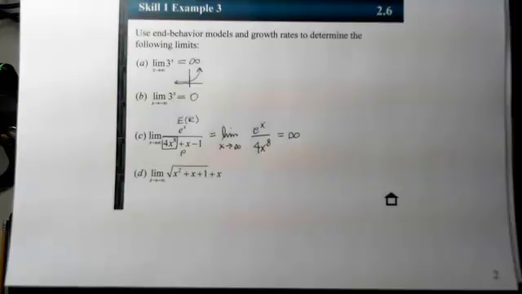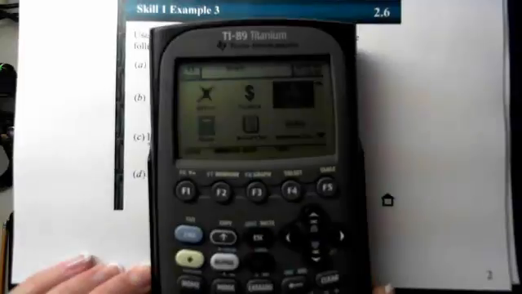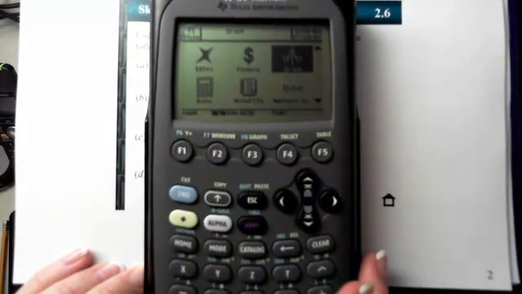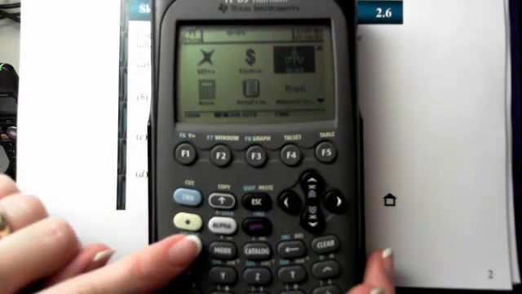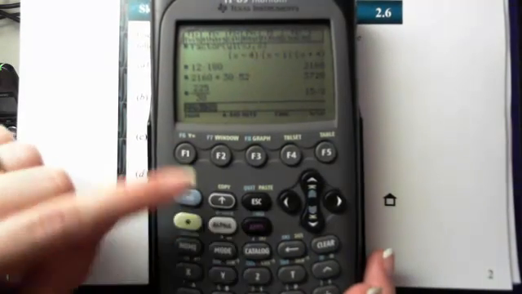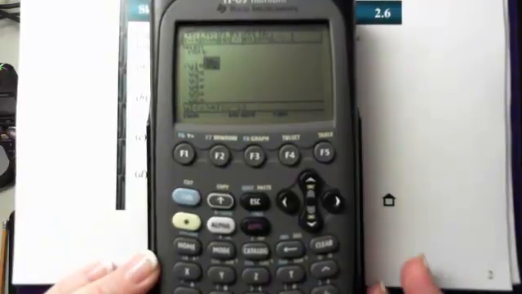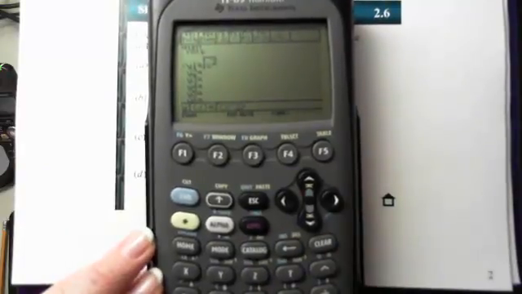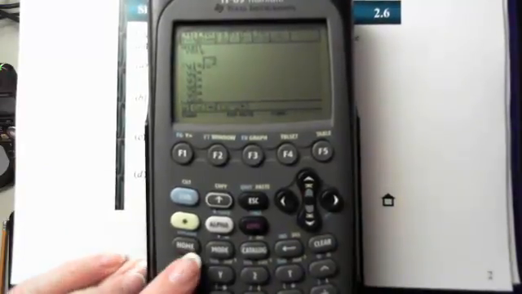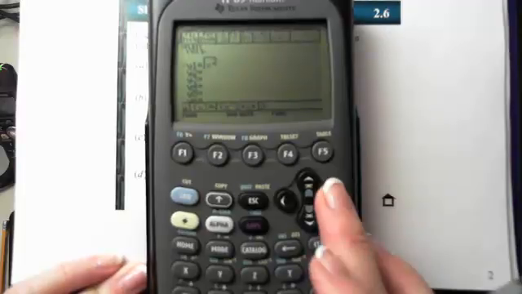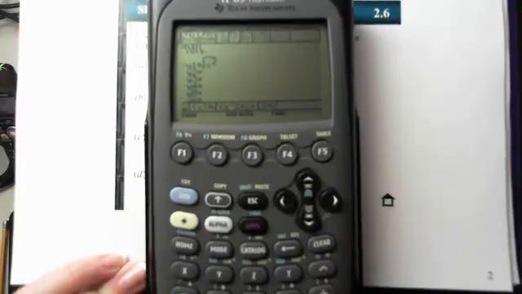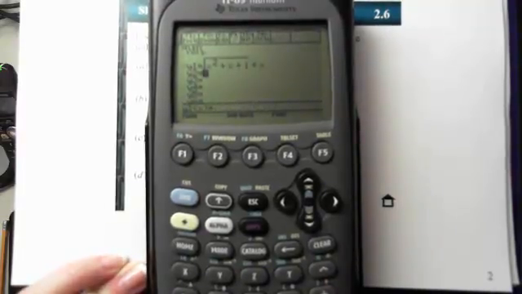Well, if we want to verify that using our calculators, we will soon discover that it doesn't work that way. So let's go to our y equals, edit the one we had in there before. We'll do the square root of x squared plus x plus 1, and then add x. And we want to look on the left side.